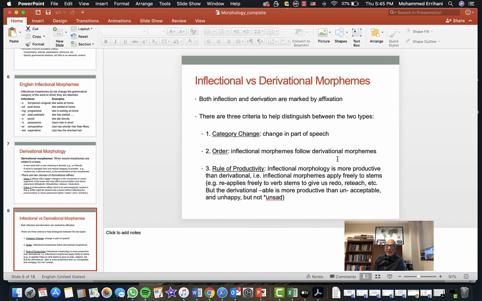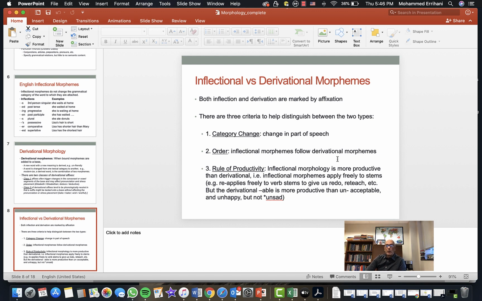On the other hand, derivational morphemes don't go through the same change. So you have, able is more productive than un. You could add the word able to a word to derive a new word, but not always.